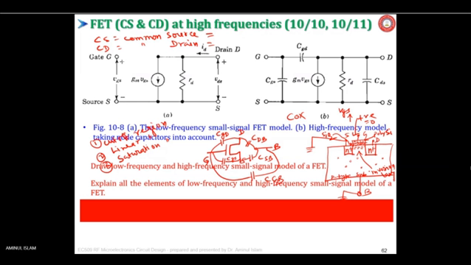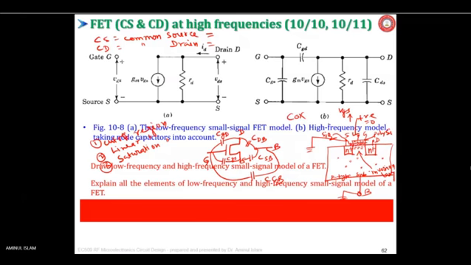Harshdeep, are you there? Yes, sir. Any idea? Sir, maybe from the N channel, that N-type material. N-type, N plus you are telling? Yes, sir.